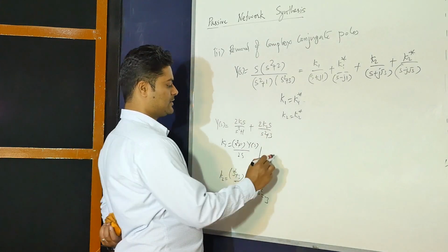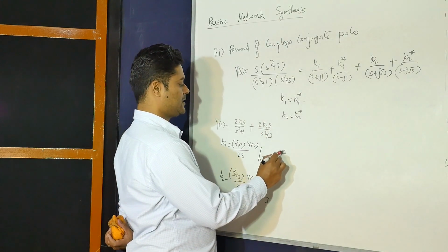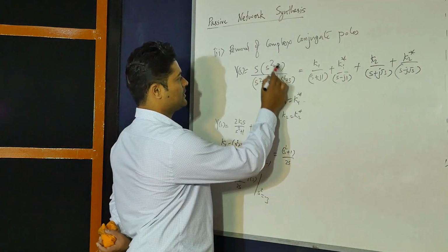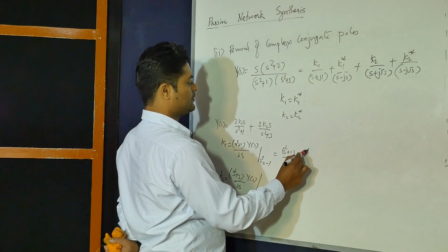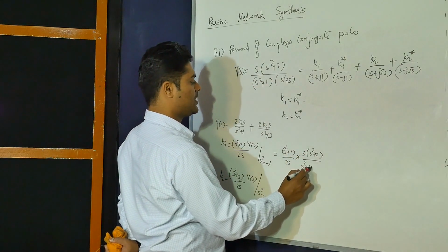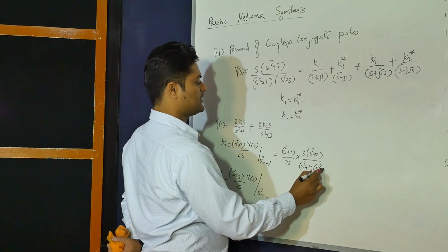Let's put in all those values. s square plus 1 divided by 2s, and Y of s is s into s square plus 2 divided by s square plus 1 into s square plus 3.